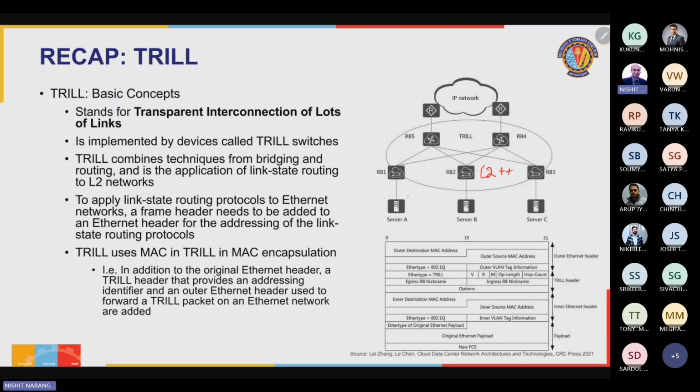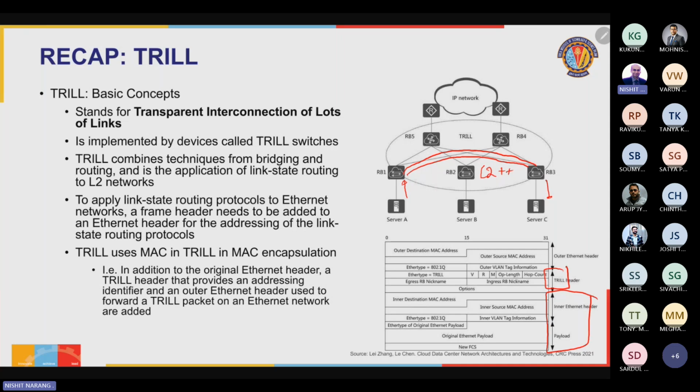Therefore, any layer 2 packets sent from a server A towards, let's say, a server C get encapsulated over a tunneling protocol that treats those L2 packets as payloads, by encapsulating them inside a Trill header and then sending them over the Trill network. So that's how encapsulation works in L2MP.